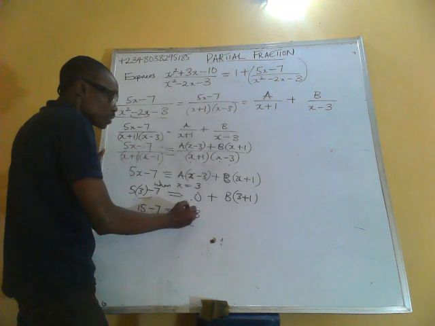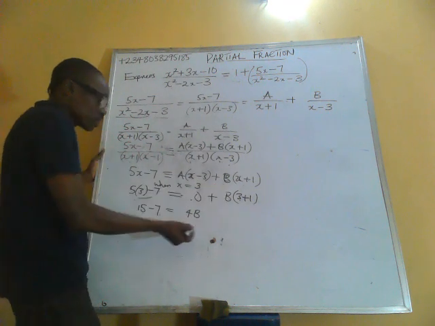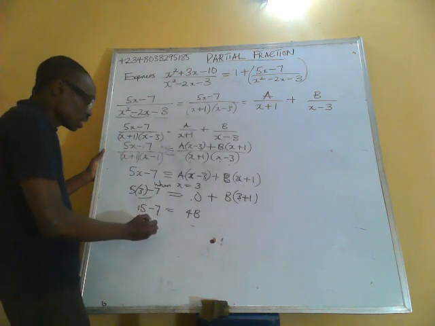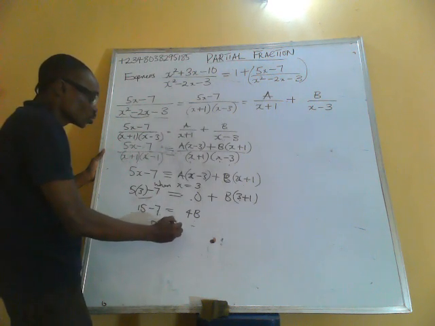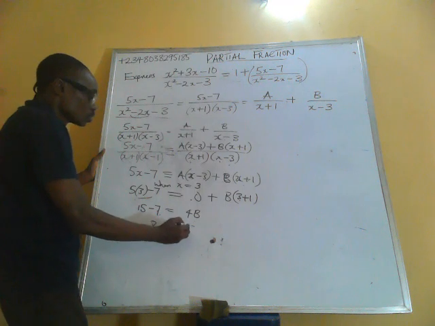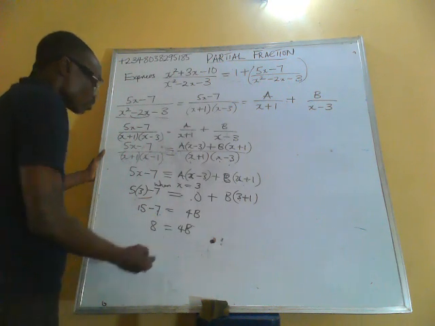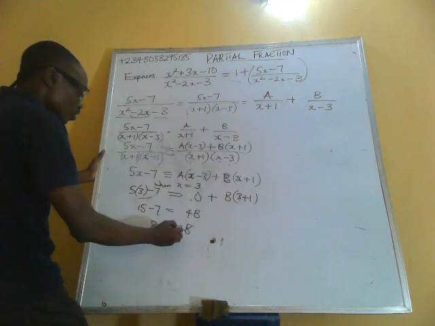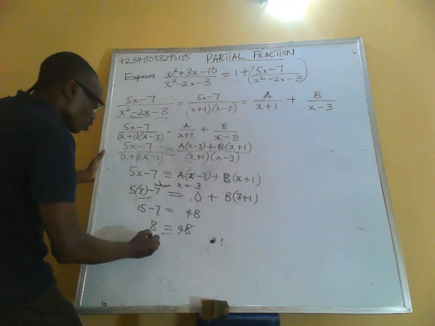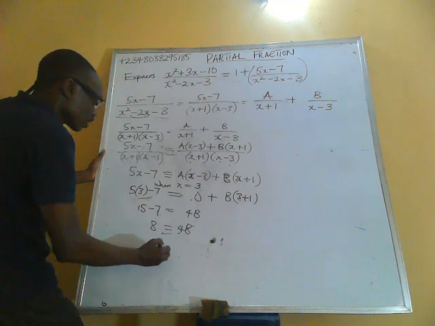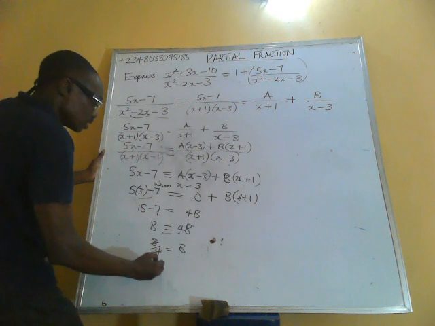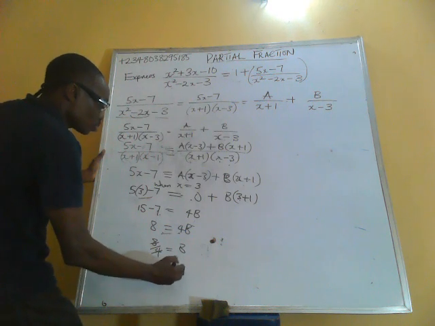So you have 4b. 15 minus 7 is 8. So you have 8 equals 4b. From here, if you divide both sides by 4, you have 8 divided by 4 equals b. So 4 in 8 is 2. b is equal to 2.